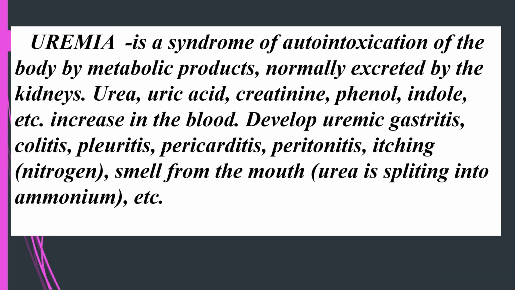Uremic gastritis, colitis, pericarditis, and itching develop, and accumulation of nitrogen elements in the skin, and foam, and itching, and smell from the mouth, and urea is split into ammonium, etc.